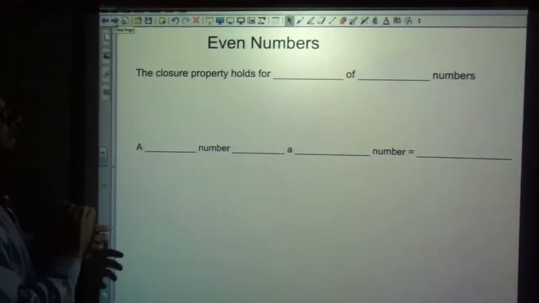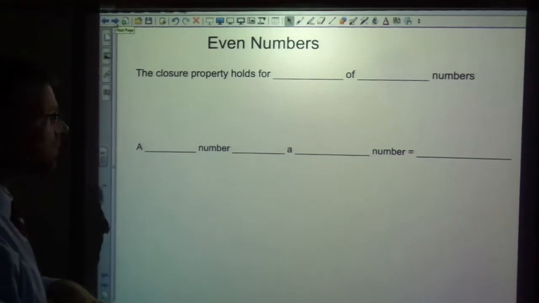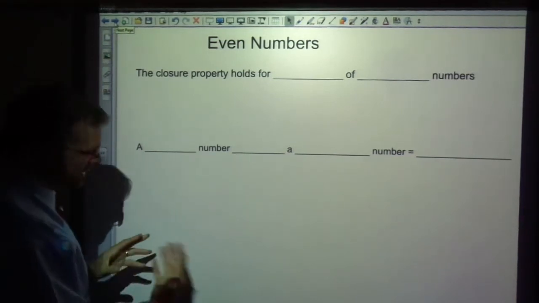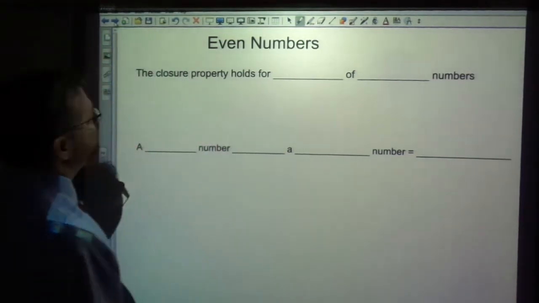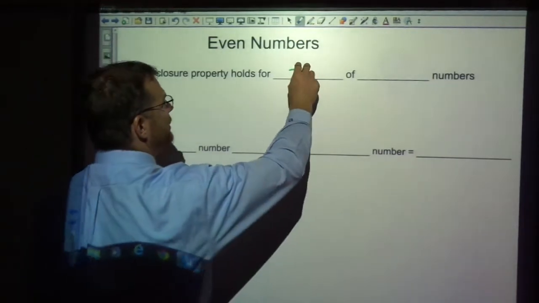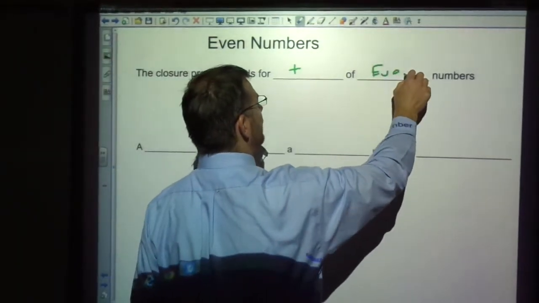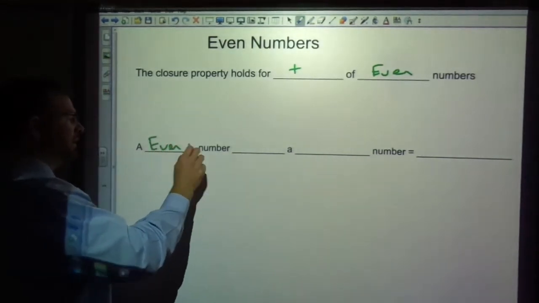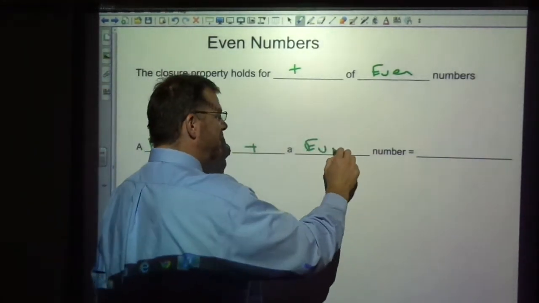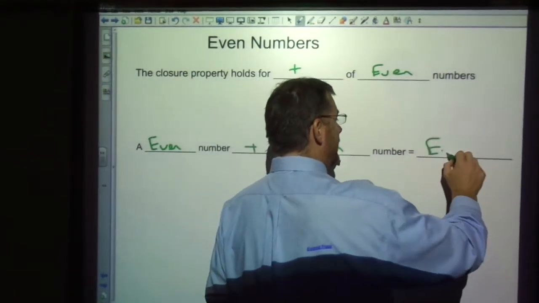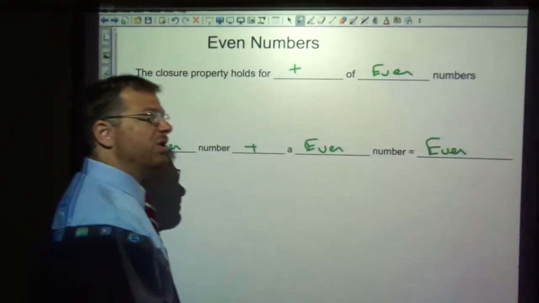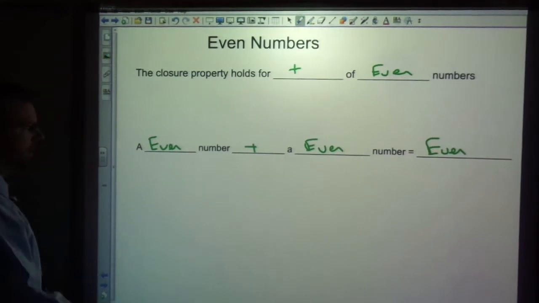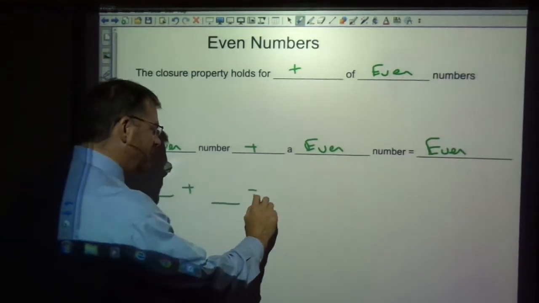Let's think about even numbers. We might say, let's test: does the closure property hold for addition of the even numbers? Which means really what we're asking is if we have an even number plus an even number, is that equal to an even number? If we have an even plus an even, does it equal even?